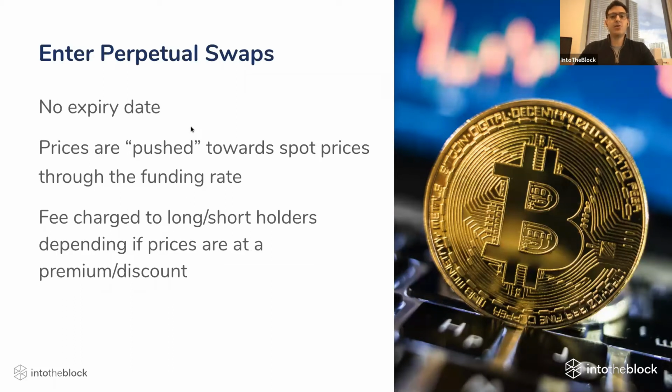You may be wondering, if it's constantly traded and it doesn't expire, how do prices stay in agreement? There's no large difference between the price of the perpetual swap and the spot price. They're pushed towards the spot price through the funding rate, which is a fee charged to long or short holders, depending on whether prices are at a premium or discount.